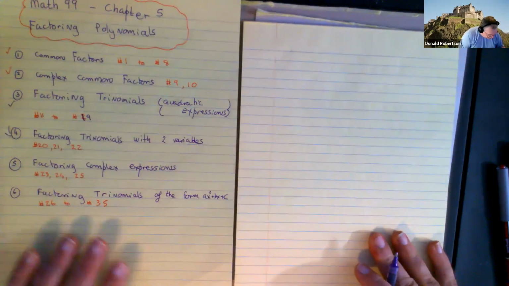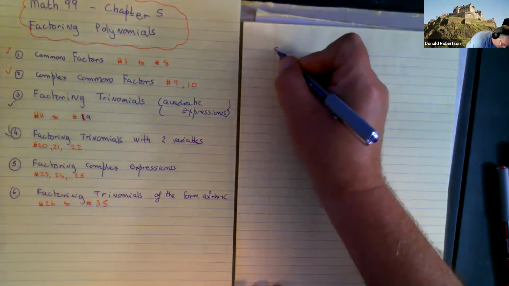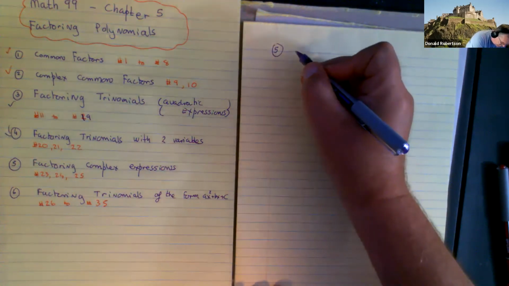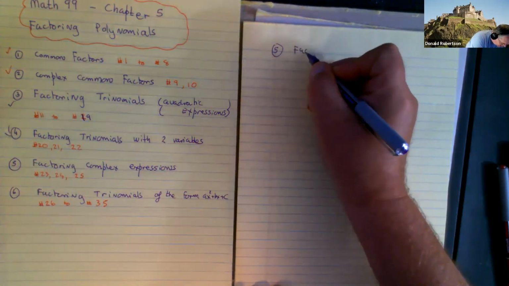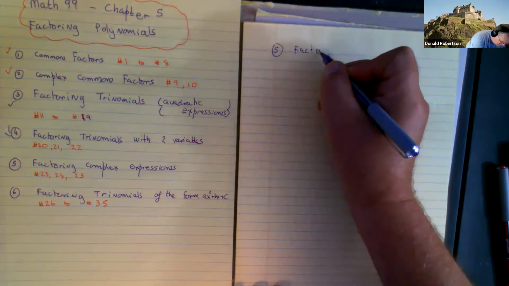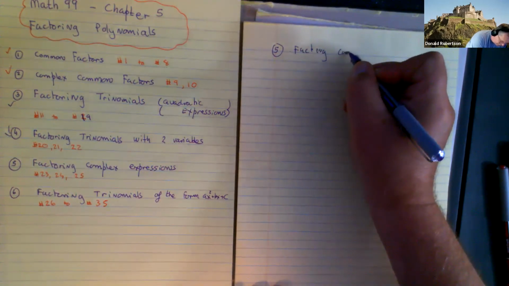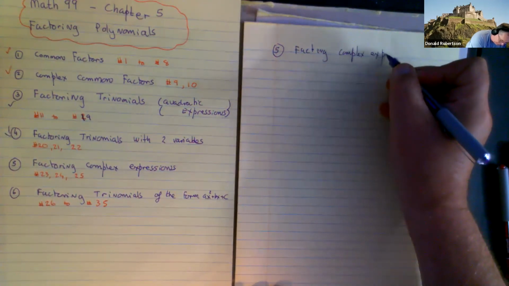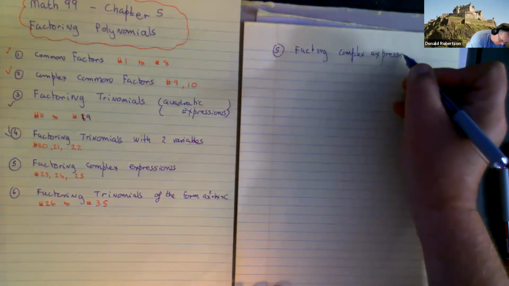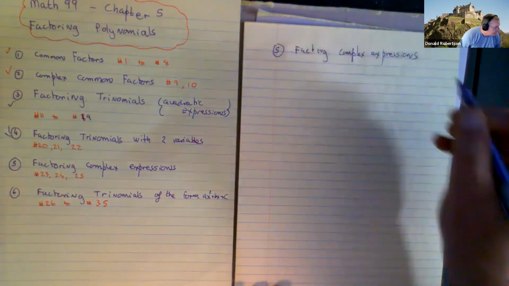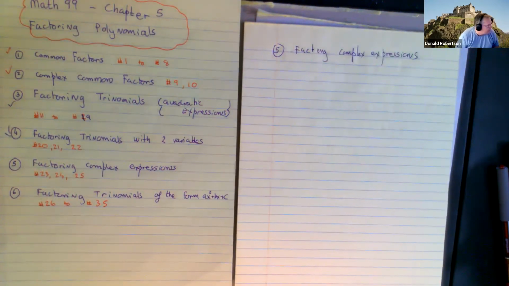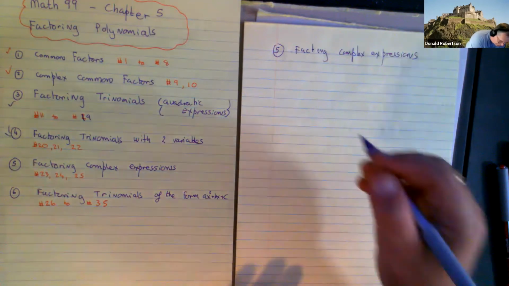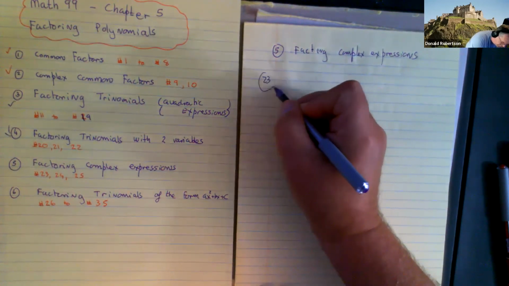So we're now on to this topic, and this is factoring complex expressions. Now these are going to be the most difficult ones to do, and they start at question 23, so let me use that as my first example.